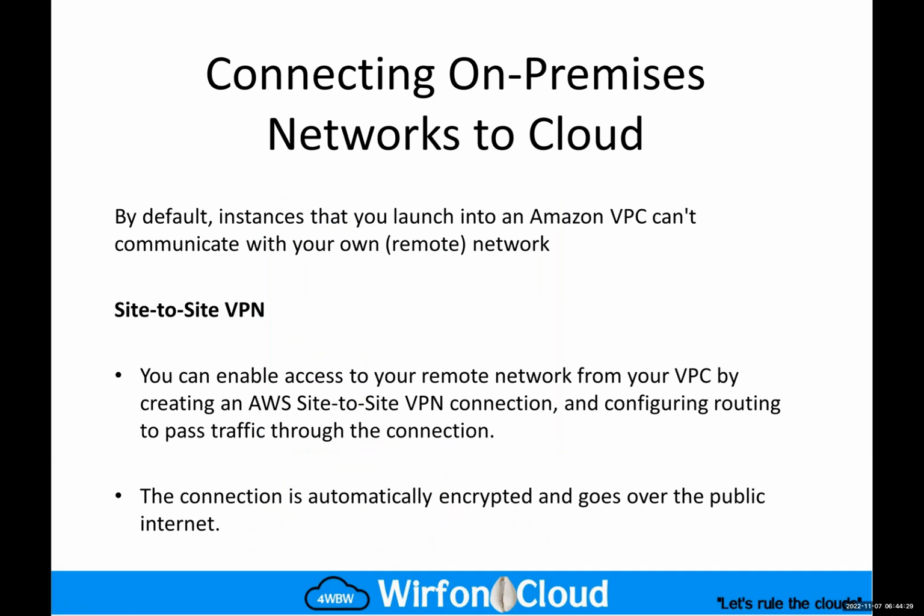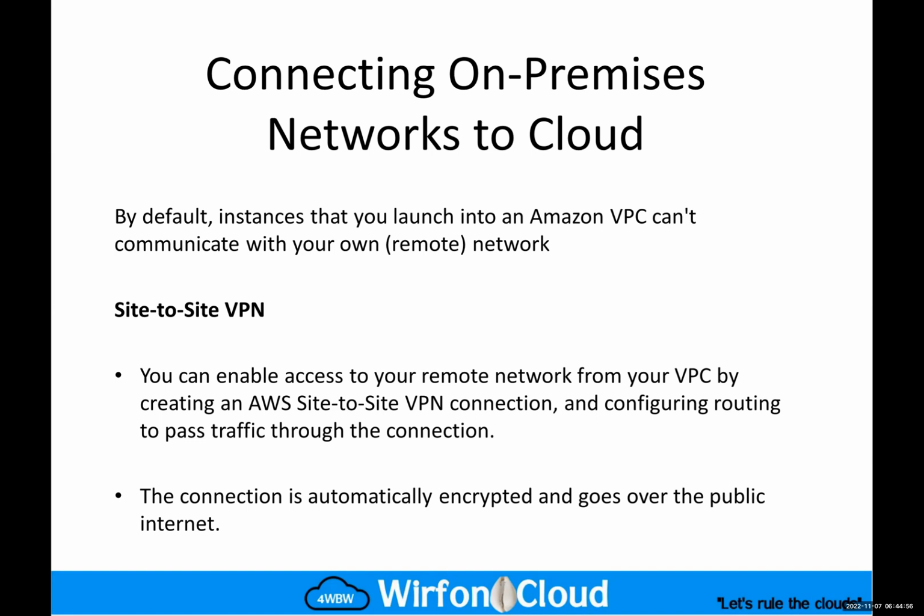Let's look at connecting on-premises networks to the cloud. By default, your instances launched in your Amazon VPC cannot communicate with your remote network, so your own corporate data center. If you want that to be the case, you can establish, for example, a site-to-site VPN.